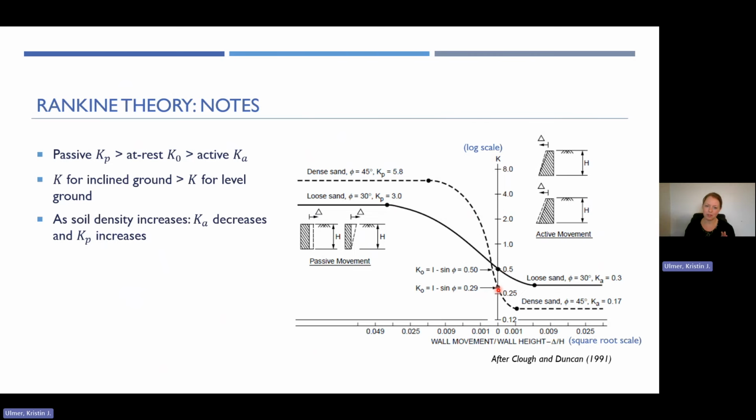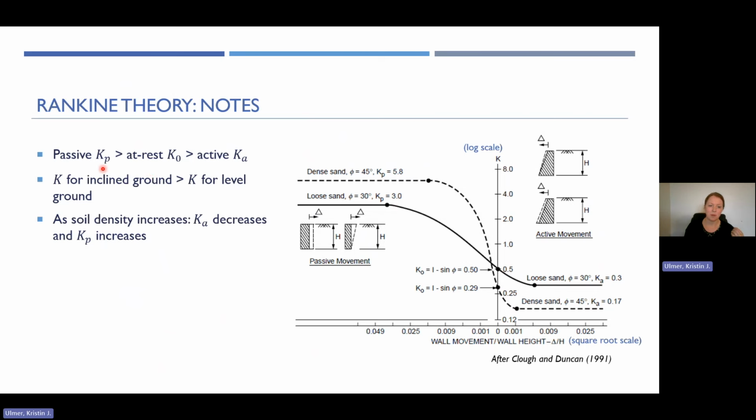But if your wall movement into the soil increases, you'll get to a higher lateral earth pressure coefficient, somewhere around 5.8. Follow back down here, starting at rest again. If we move in the active condition, where your wall is moving away from the soil, for the dense sand you'll anticipate a Ka of like 0.17. So 0.17 compared to 0.29, compared to 5.8. You can see how those lateral earth pressures are very different scenarios, right?